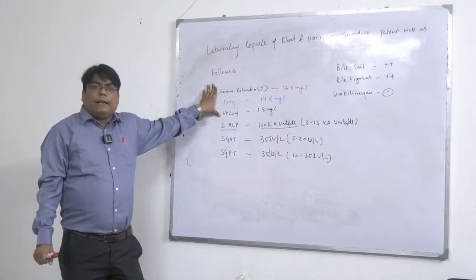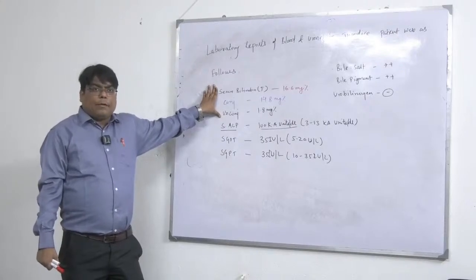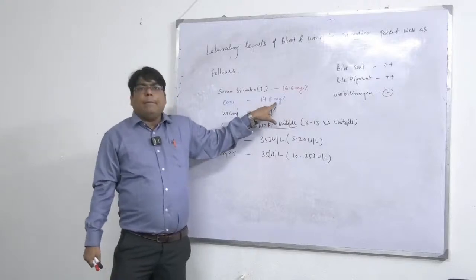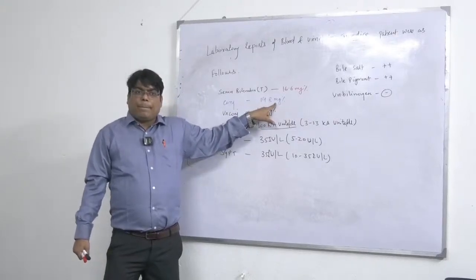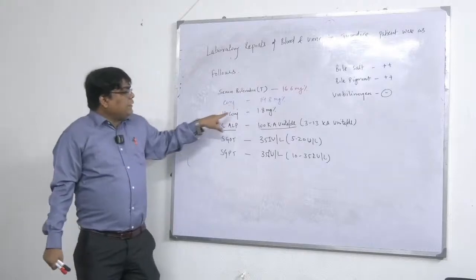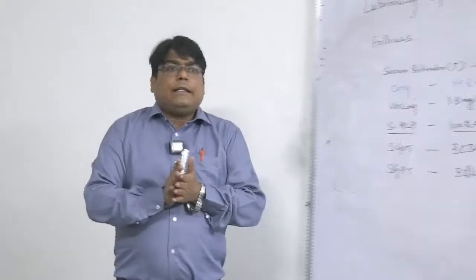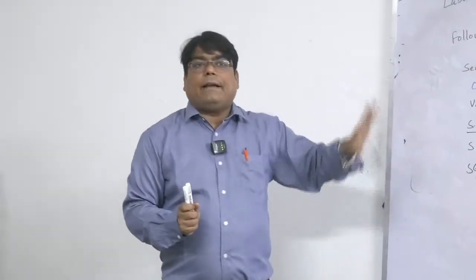The conjugated level is 14.8 milligram percentage, and unconjugated is 1.8 milligram percentage. Means there is something wrong in the hepatocytes. Okay, this is clearly a case of hepatic jaundice.